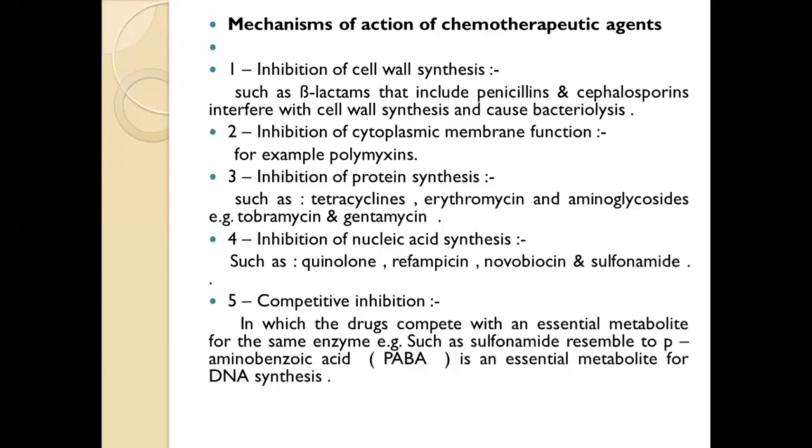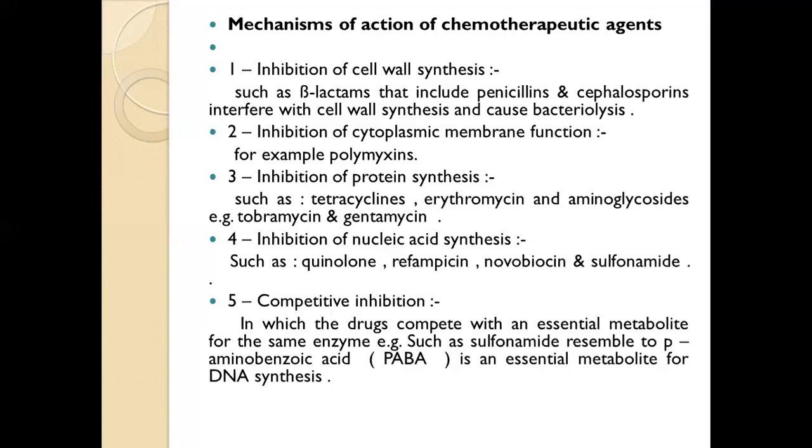Penicillins such as penicillin G, amoxicillin, ampicillin, and cephalosporins, including ceftriaxone, cephalothin, and cefotaxime. These interfere with cell wall synthesis and cause bacteriolysis. They bind with sugar or protein and prevent the transglycosylation and transpeptidation processes that help in formation of the cell wall.